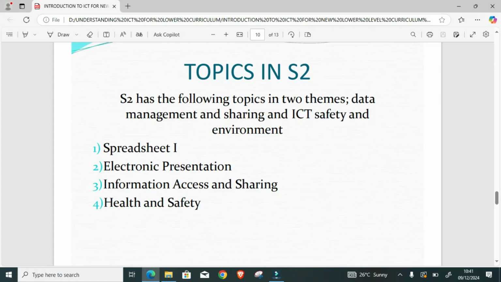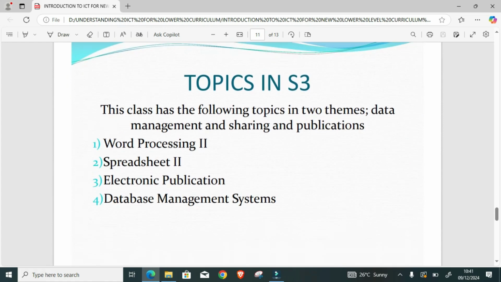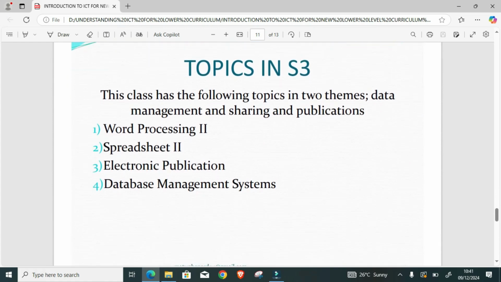Health and safety deals with the ethical ways that we use ICT tools, and how we use ICT in line with our health and also the computer itself. So we shall look at the positive and the negative side.